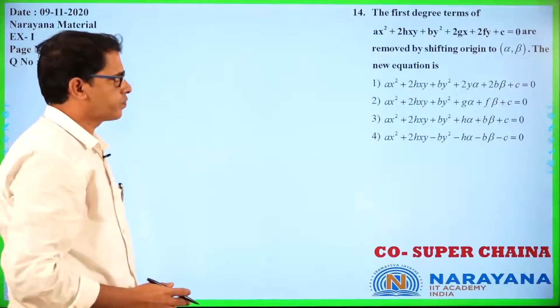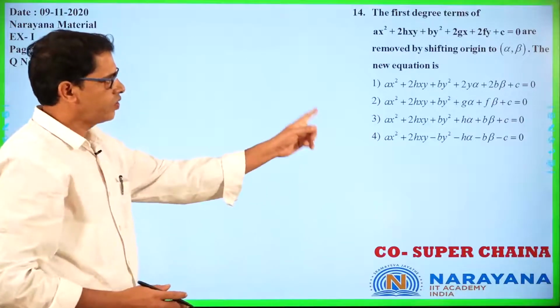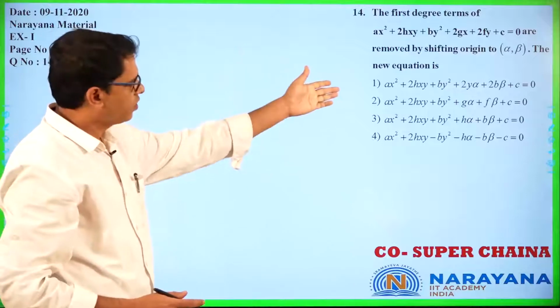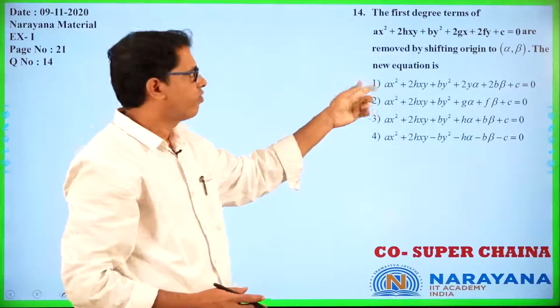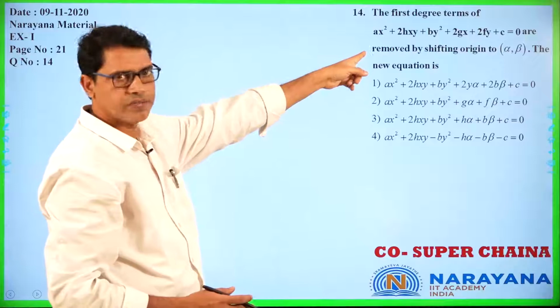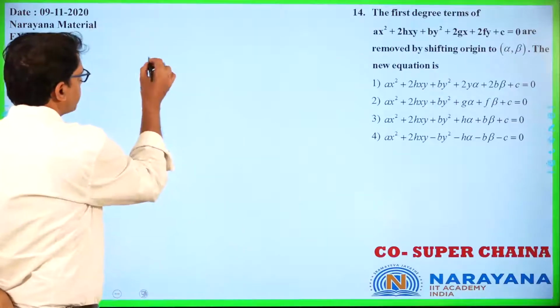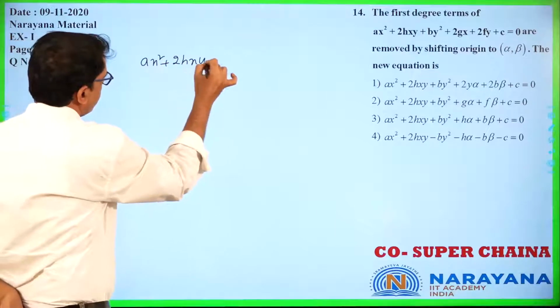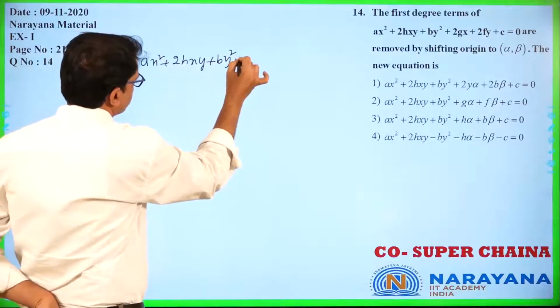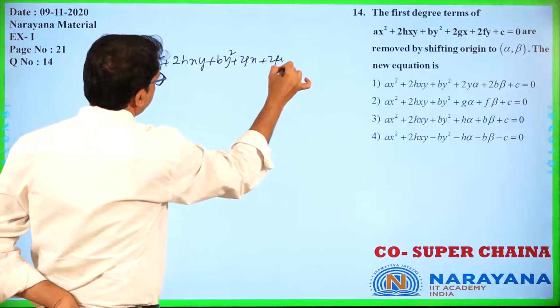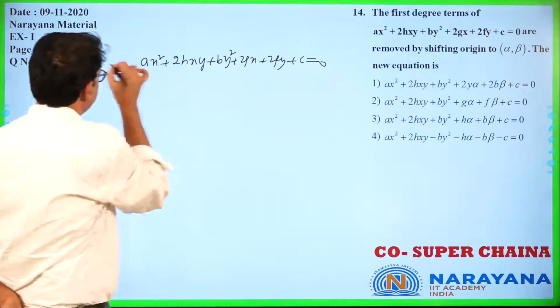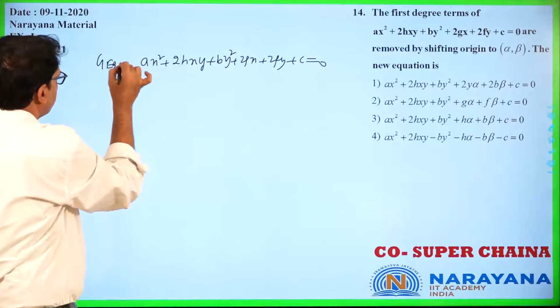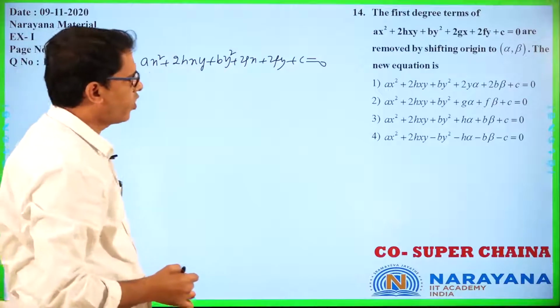See here, this one I also said in the beginning of the class. This is the given equation: ax square plus 2hxy plus by square plus 2gx plus 2fy plus c equals 0. Now what is the translated point?